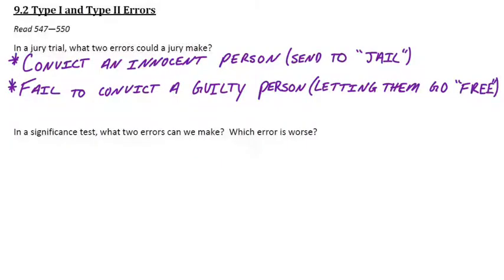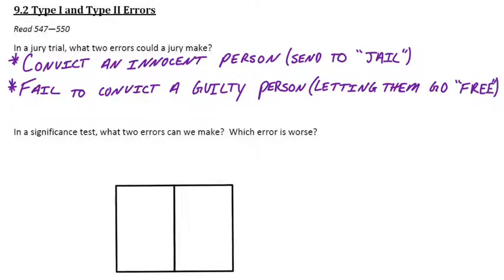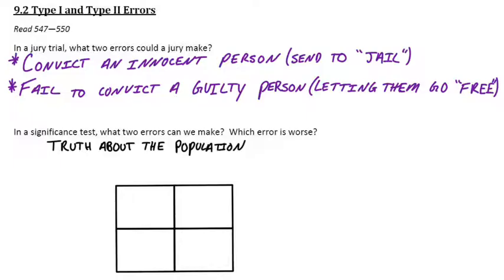So let's make a little table here. You can make it pretty much square. It's got 4 corners, and we're going to sort out these decisions. For the columns, we're going to look at the truth about the population.